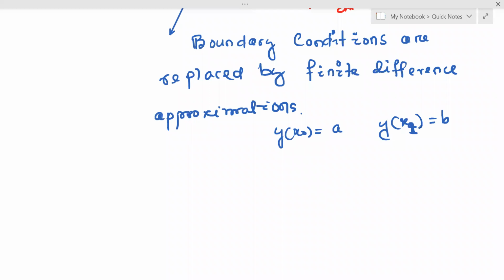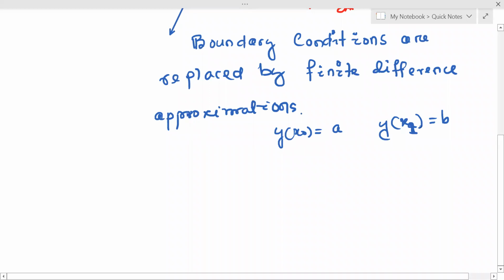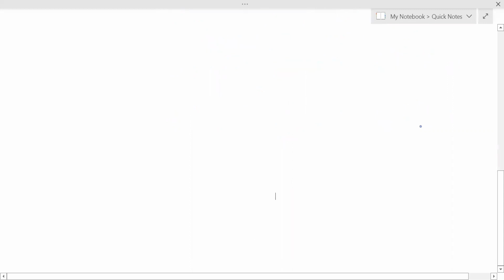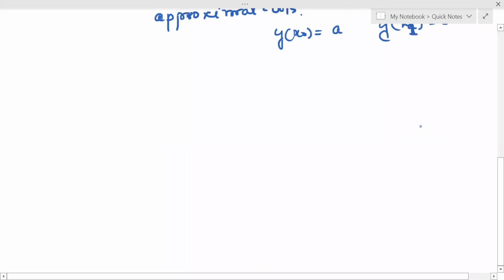The finite difference approximations to the various derivatives we consider as the following. Let us take one example. Suppose a function y is given, and we write y of x plus h.